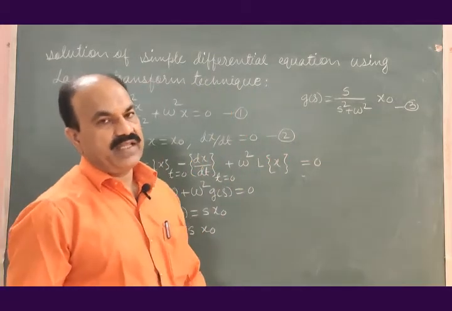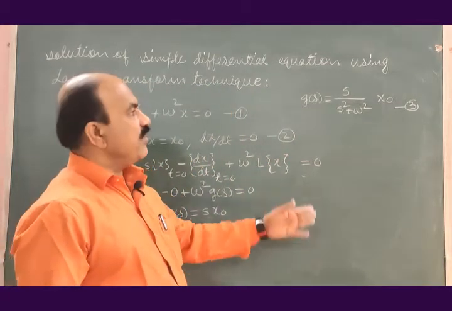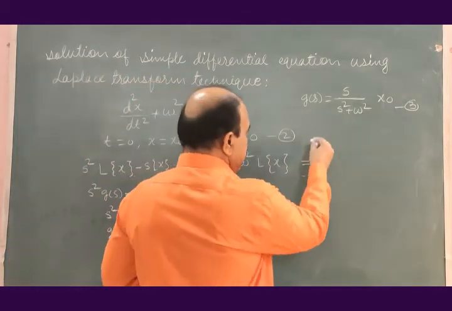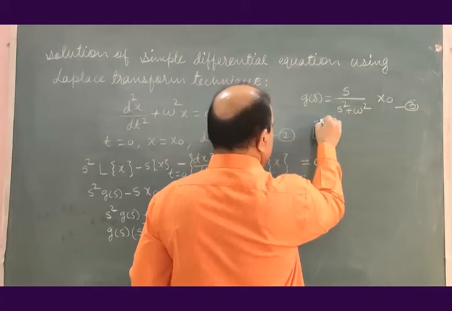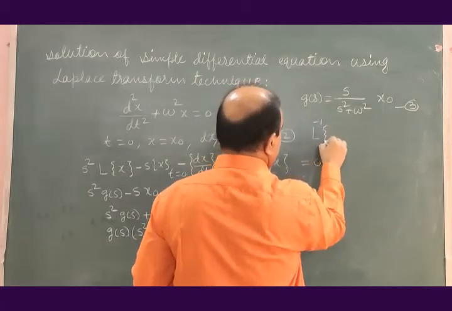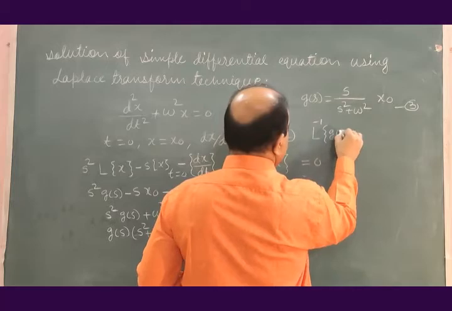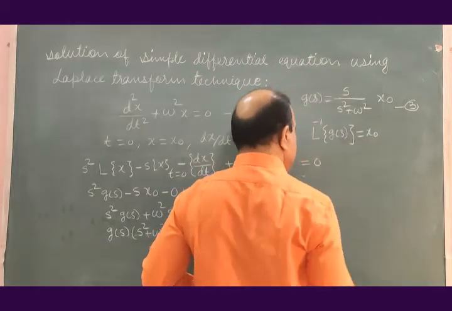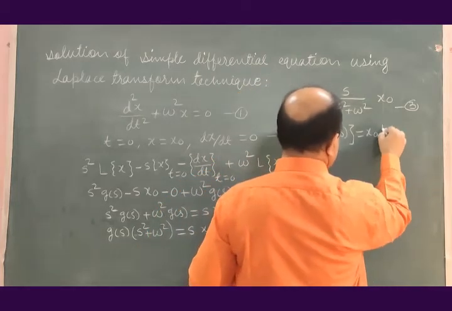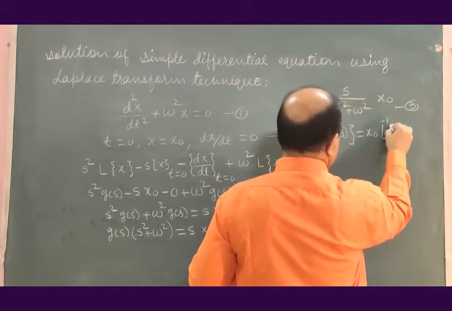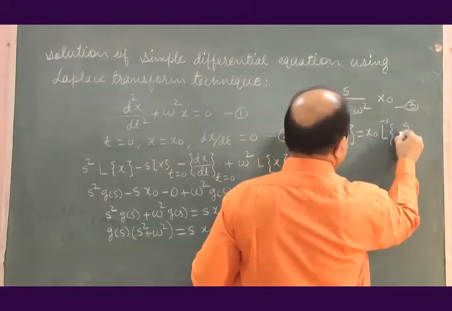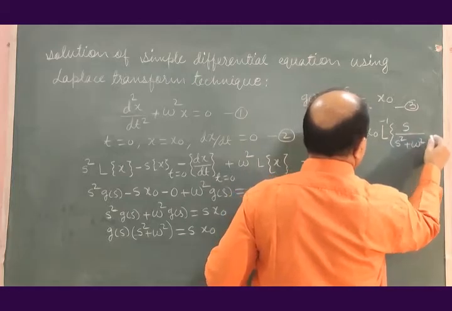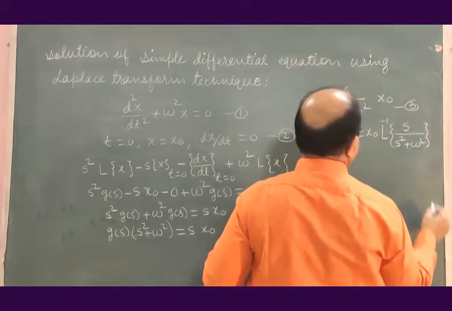Now we take inverse Laplace transform of equation 3. And this is L inverse of g of s is equal to x0, is constant, L inverse of s divided by s square plus omega square.